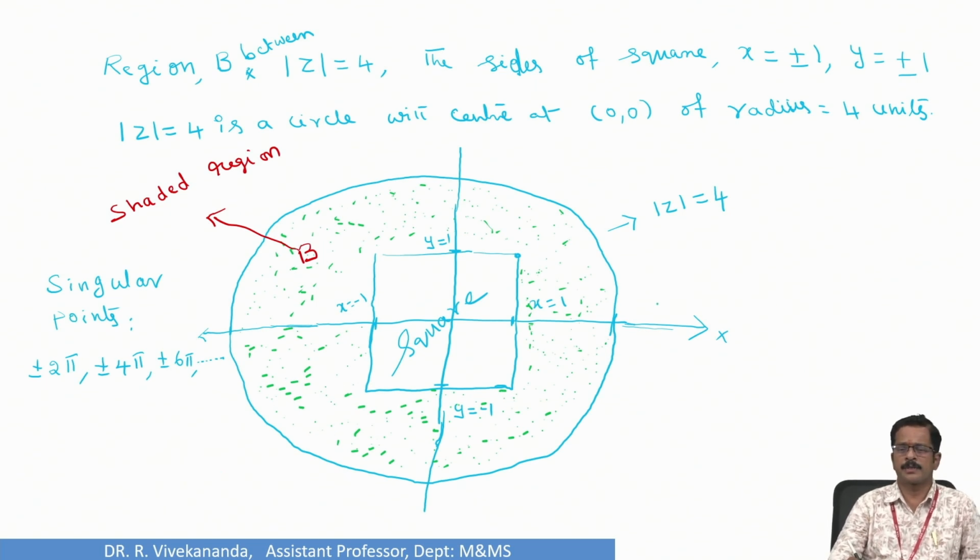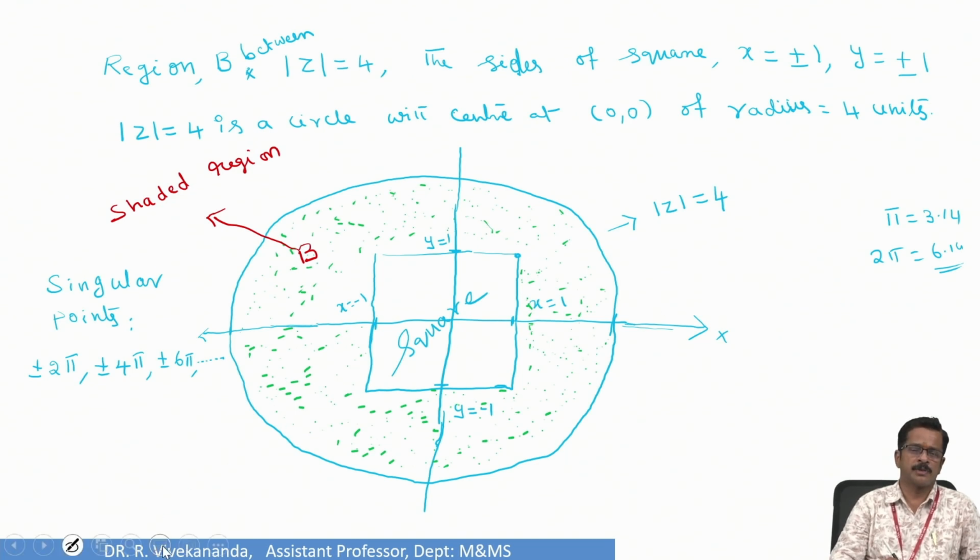Pi means how much? Pi means 3.14 something. 2 pi means it is going to be 6.14 something, above 6. But the region is from 1 to 4.